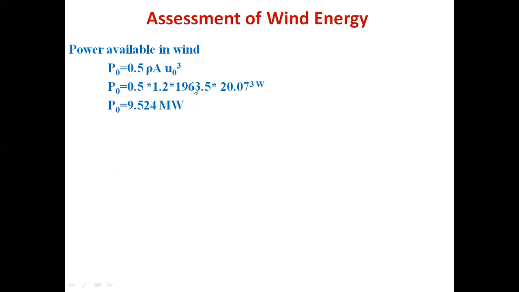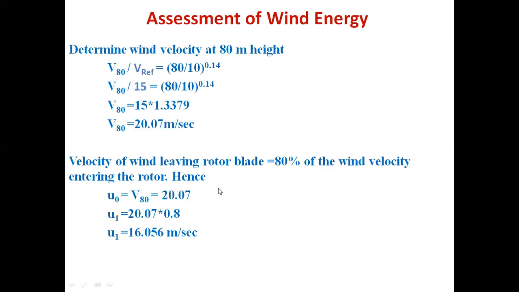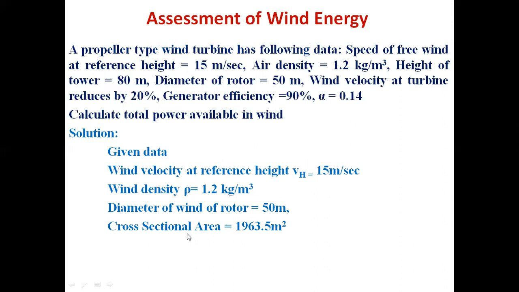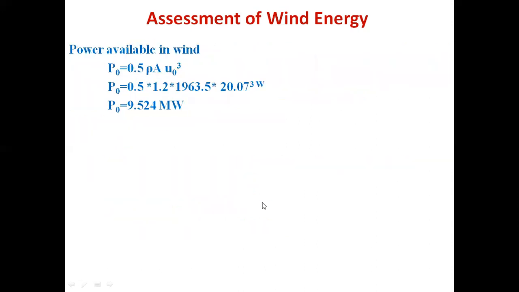Cross-sectional area we have calculated as 1963.5 meters square, and the wind velocity entering the blade was 20.07. So V80 or U0 is 20.07, cross-sectional area 1963.5 meter square, and wind density 1.2 kg per meter cube.